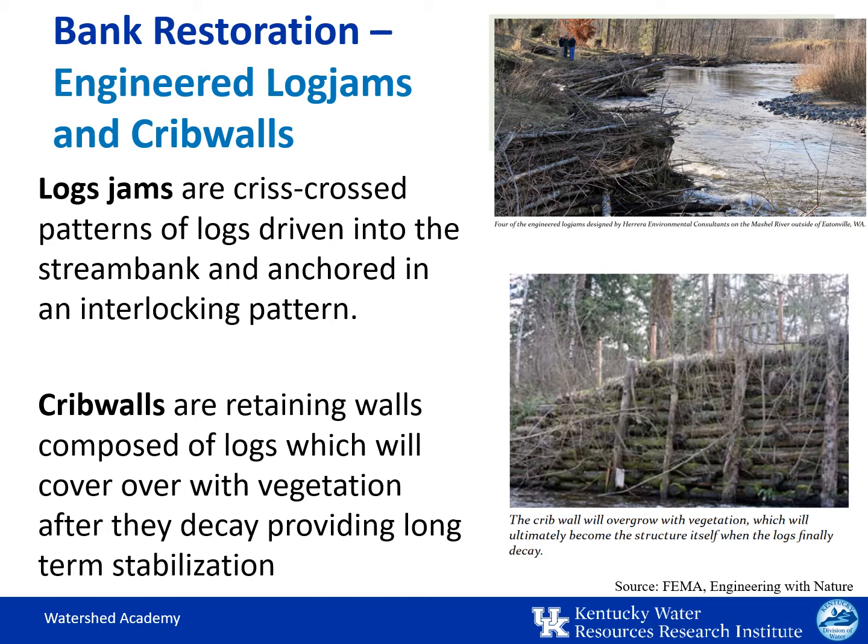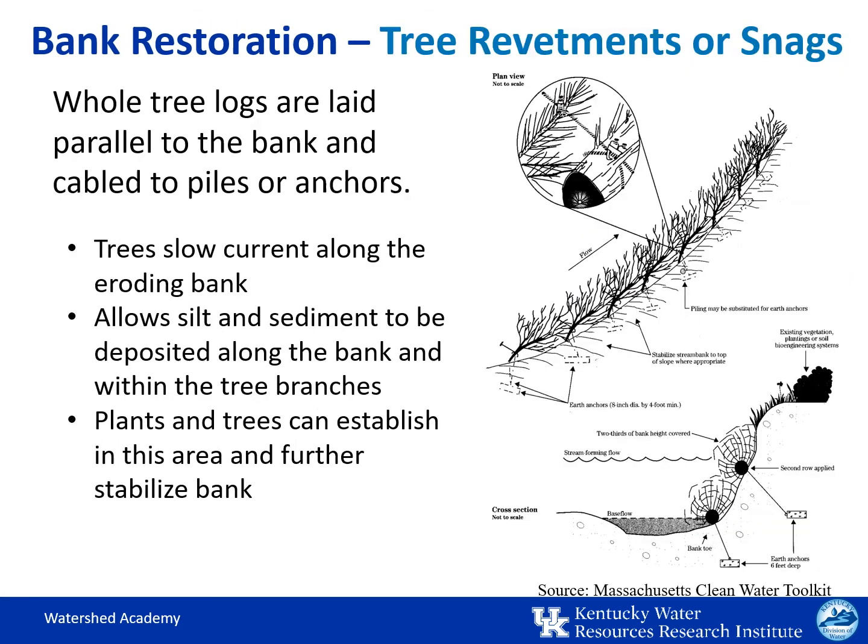This provides stabilization as well as a variety of habitat within the branches. Crib walls are like retaining walls, but they're just made up of logs, which will cover over with vegetation over time after their decay. So it provides very long-term stabilization.